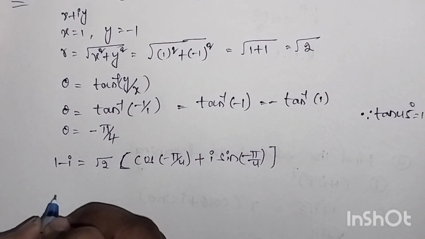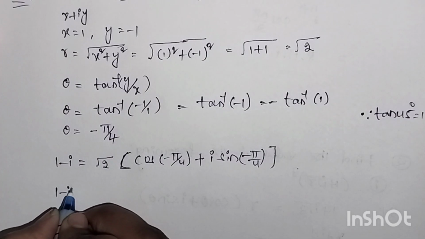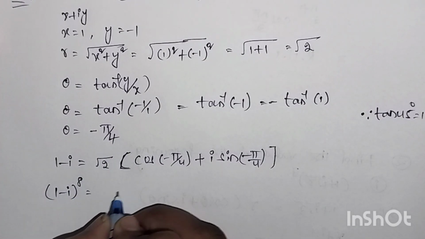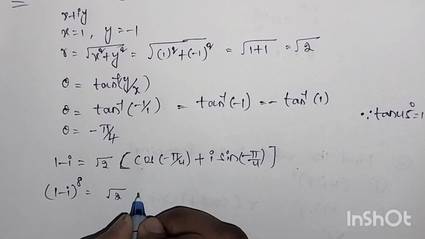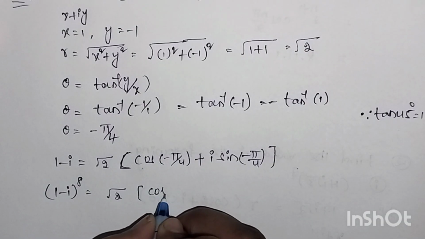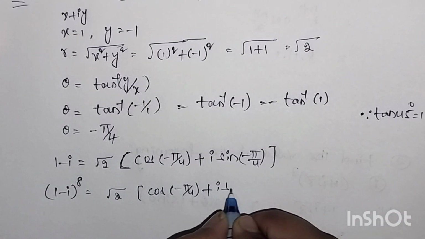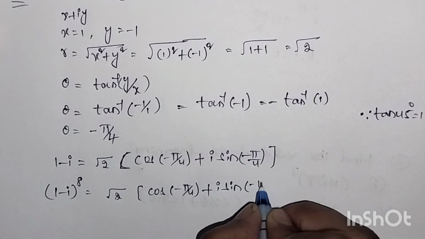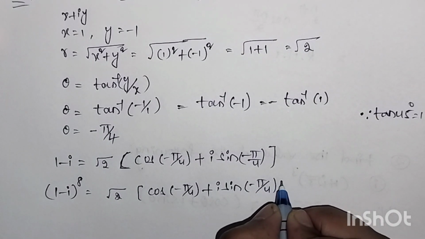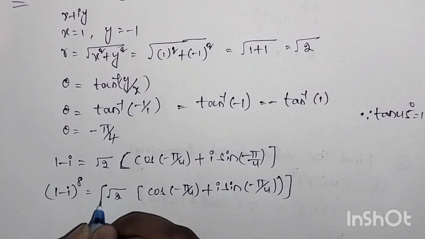So now we can apply the power. (1 minus i) whole to the power 8 equals (root 2 of cos minus pi by 4 plus i into sin of minus pi by 4) whole power 8.